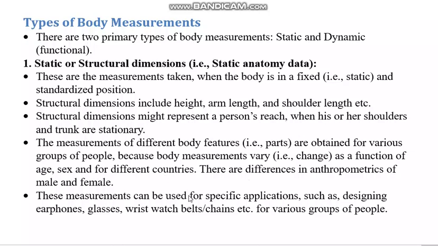So there are differences in anthropometrics of male and female also. These measurements can be used for specific applications like designing earphones. Now you want to design an earphone, it should fit in your ear. For that, first somebody must have measured what should be the diameter of that earphone.